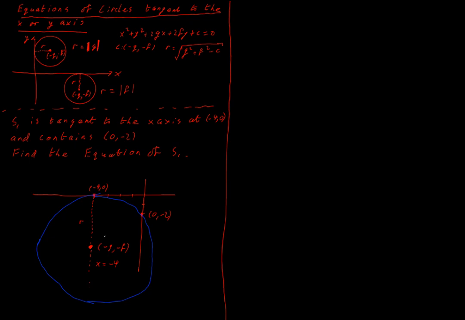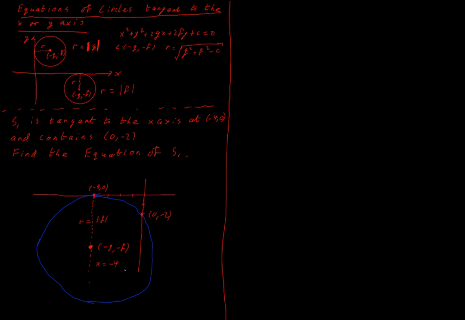And I know then I have started at y is 0 and I have gone down to -f. So that means that my radius must be equal to the absolute value of the y-coordinate of my center.